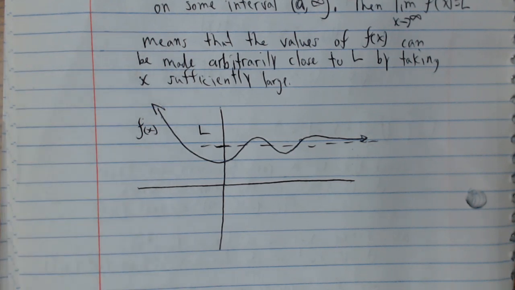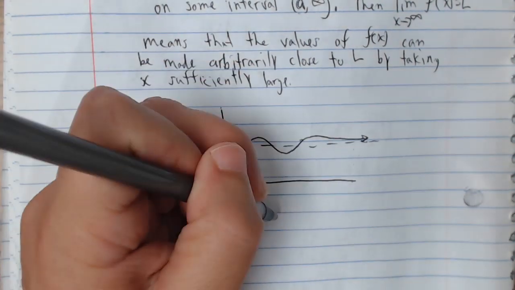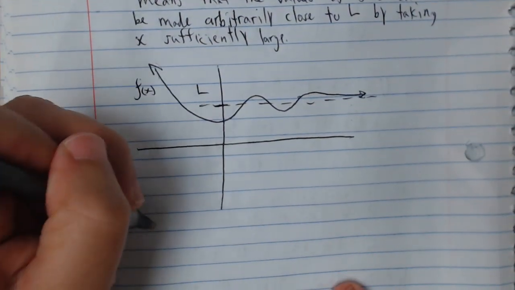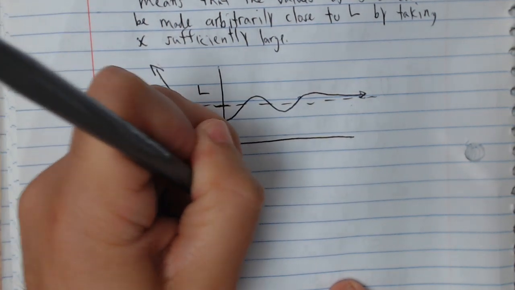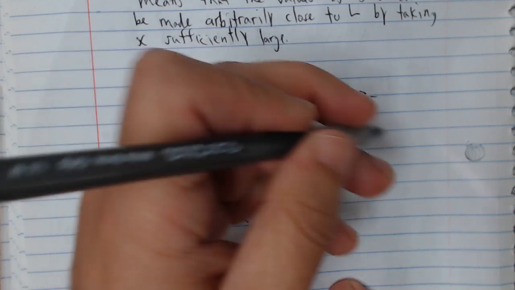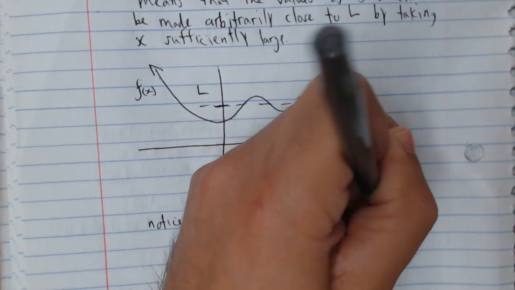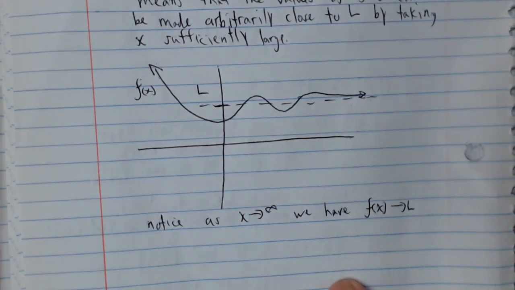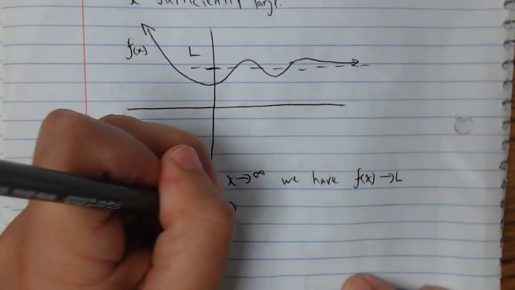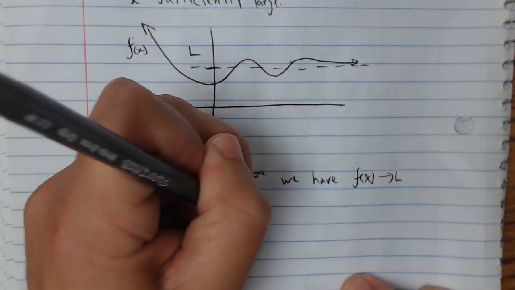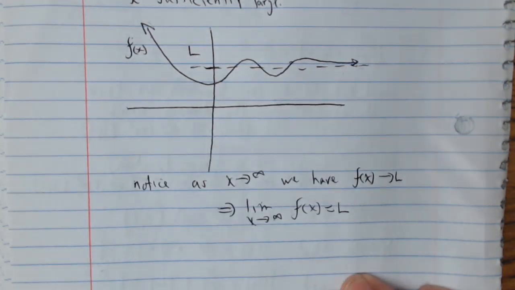And same thing is true for x going to negative infinity. So as x goes to infinity, f of x approaches L, which implies the limit as x approaches infinity of f of x equals L.